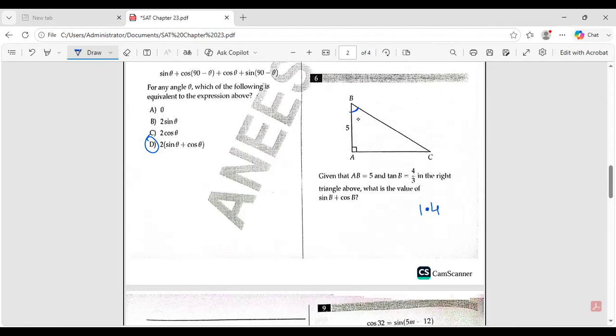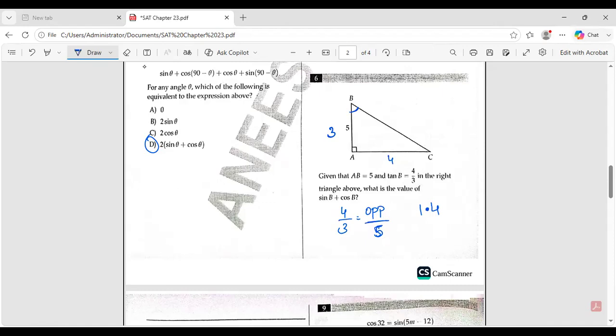This is tan b, right? Tan means opposite over adjacent, which is 4 over 3. The adjacent is 5. So according to the given ratio of 4 is to 3, the opposite is going to be equivalent to 20 over 3.